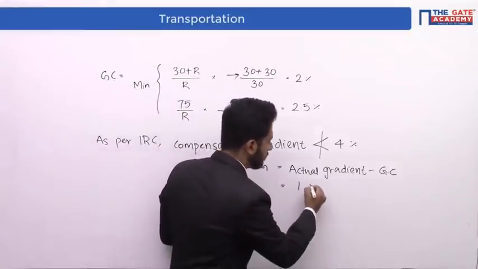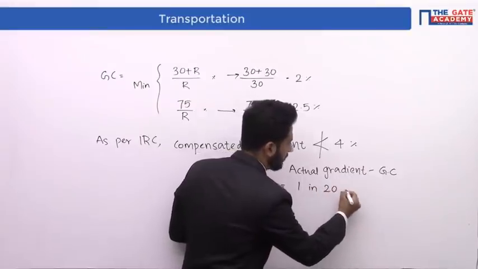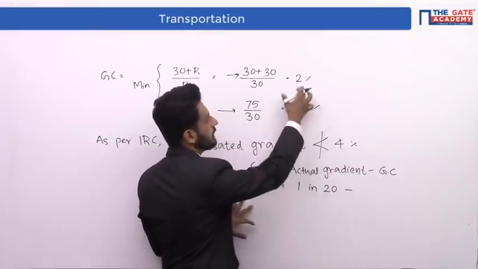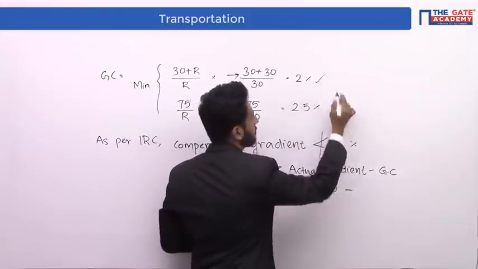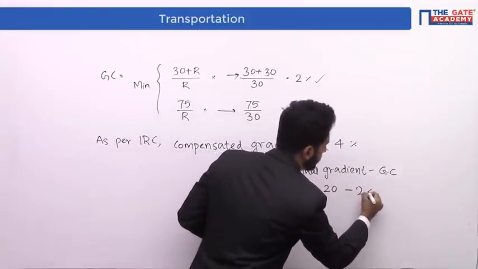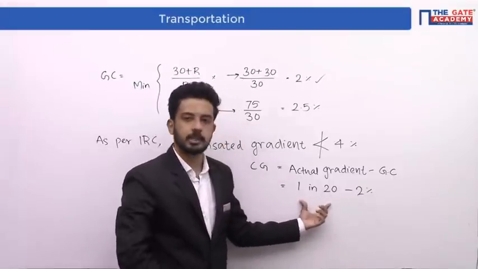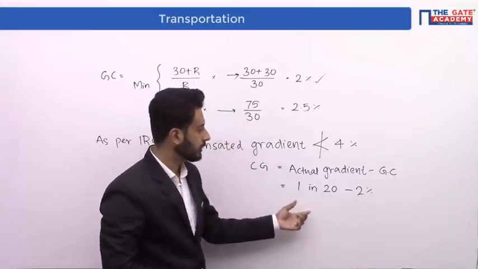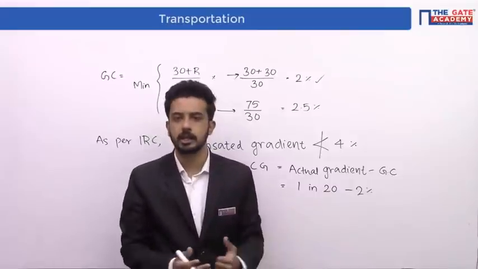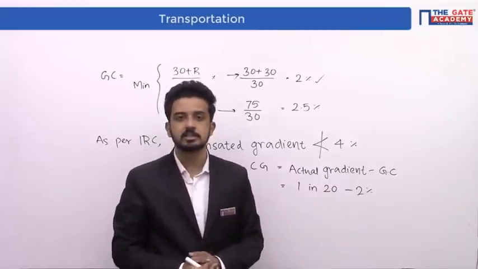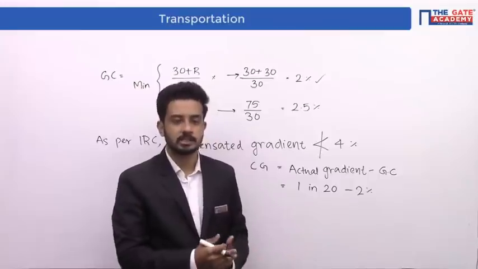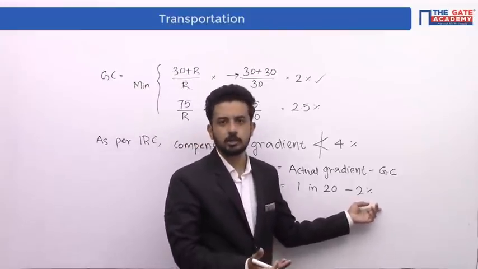So, 1 in 20 minus what we got? The minimum of 2 and 2.5. So 2%. I have to subtract 2% from the existing gradient. So finally I should get it in percentage. Correct? Because in the options they have given percentages. So I have to convert into percentage.